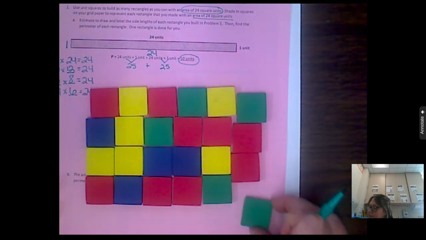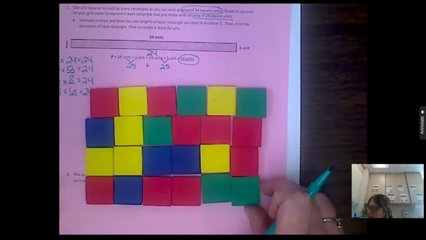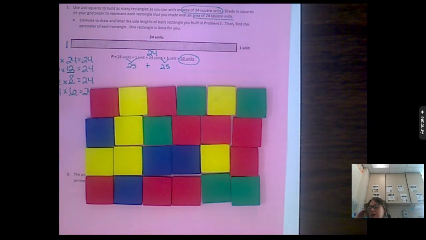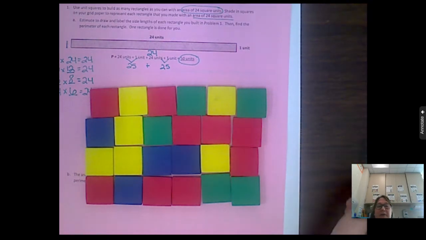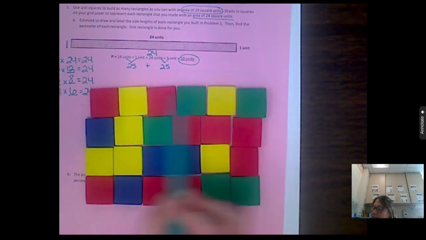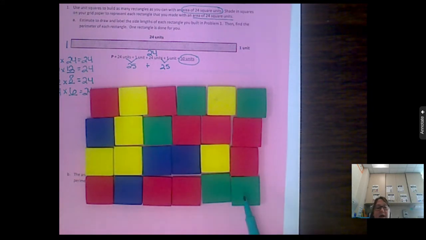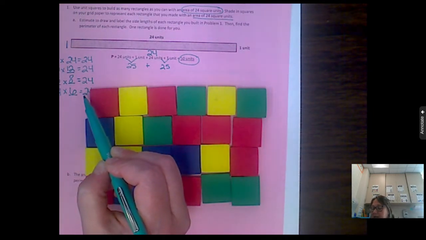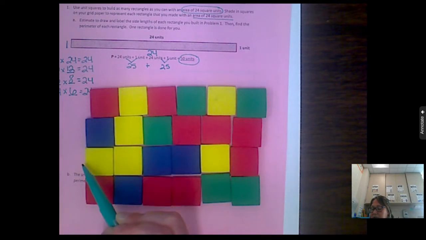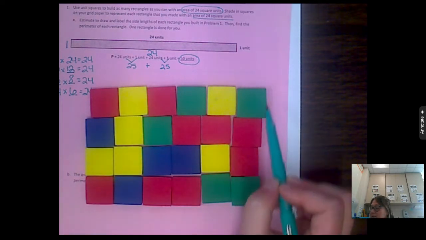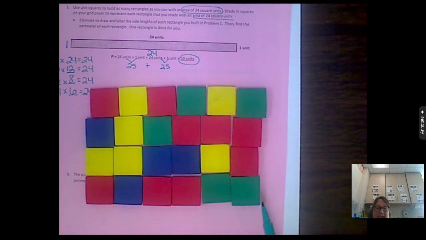Now we're going to be finding the perimeter, but we're kind of taking these apart as we go. But just to show you real quick, for example, if I wanted to find the perimeter of this shape, there is 6 on the top, right? 1, 2, 3, 4, 5, 6. There's 6 on the bottom, right? So 6 plus 6 is 12. And then I look at my sides and I've got 1, 2, 3, 4, 5, 6, 7, 8.